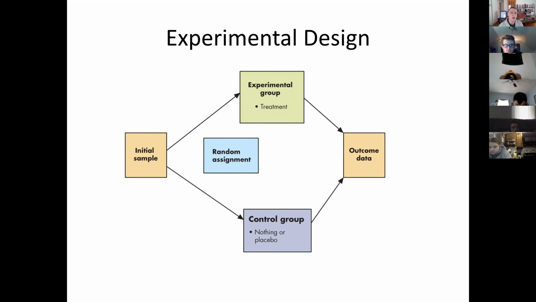There are, of course, going to be differences between individuals, but through random assignment the differences are thought to be about the same in the experimental group as in the control group. While these differences exist, you can't get rid of them. By having an initial sample that's randomly selected and then randomly assigning part of that group to an experimental group and part to a control group, those individual differences that may or may not affect the outcomes are about the same on both sides.